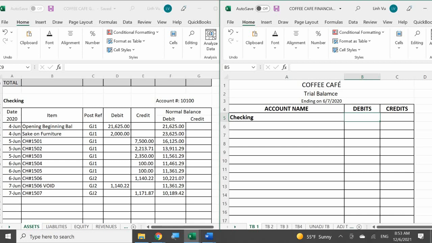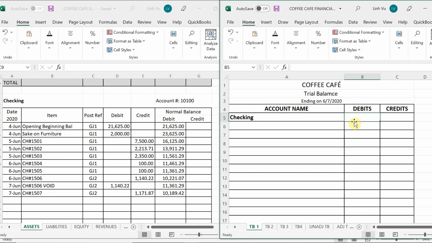So on my trial balance, I'm going to record $10,189.42. This is once again where you can get typos, because we're transferring from one worksheet to another.